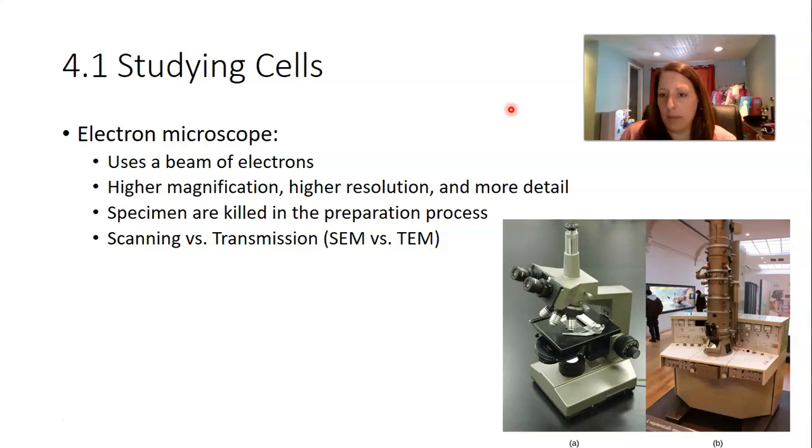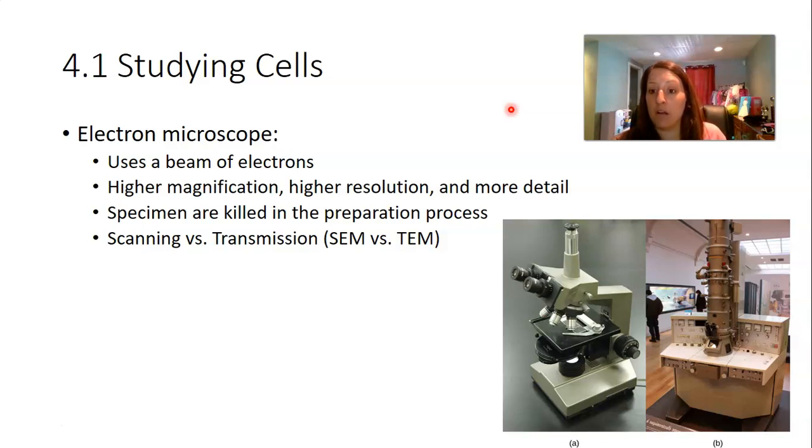It would be an electron micrograph. With an electron microscope, you get higher magnification, higher resolution, and you can see more detail. The problem with electron microscopy is that you cannot view living specimens. Specimens are going to be killed in the preparation process, and the preparation process is difficult.